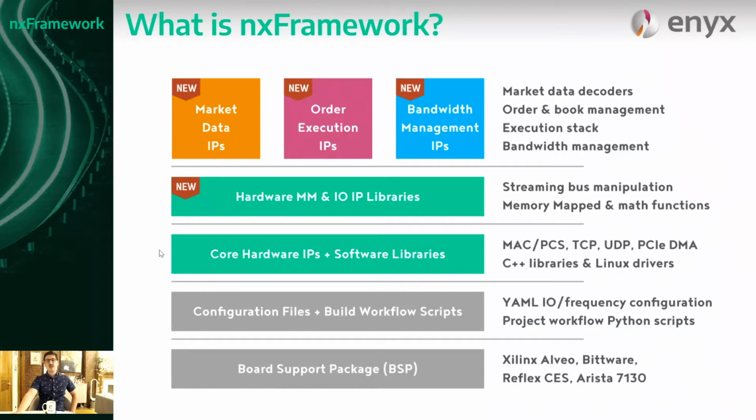Then we include key connectivity IPs such as a TCP stack, a UDP stack, and a PCIe engine so you don't have to recode it. More recently, we added utility IPs to help with the processing that is needed in every project with streaming and memory buses, as well as basic math functions and key processing such as hash tables or CRC calculation.